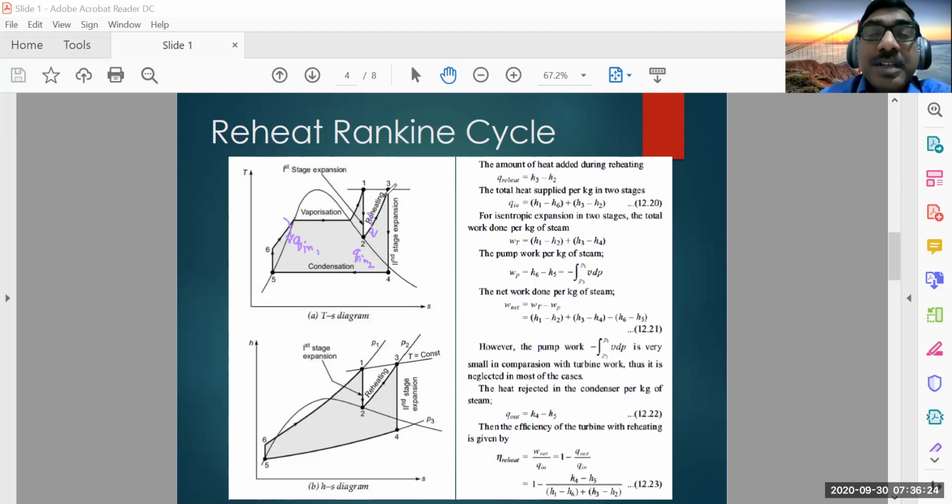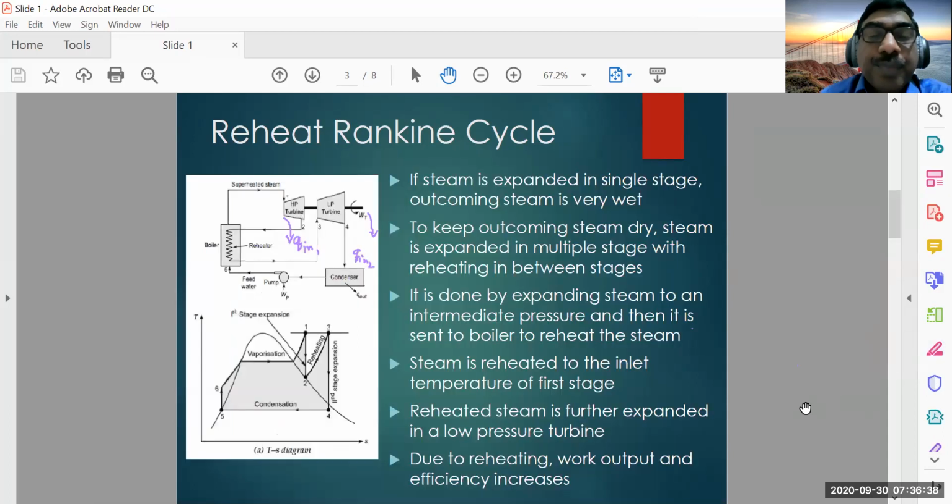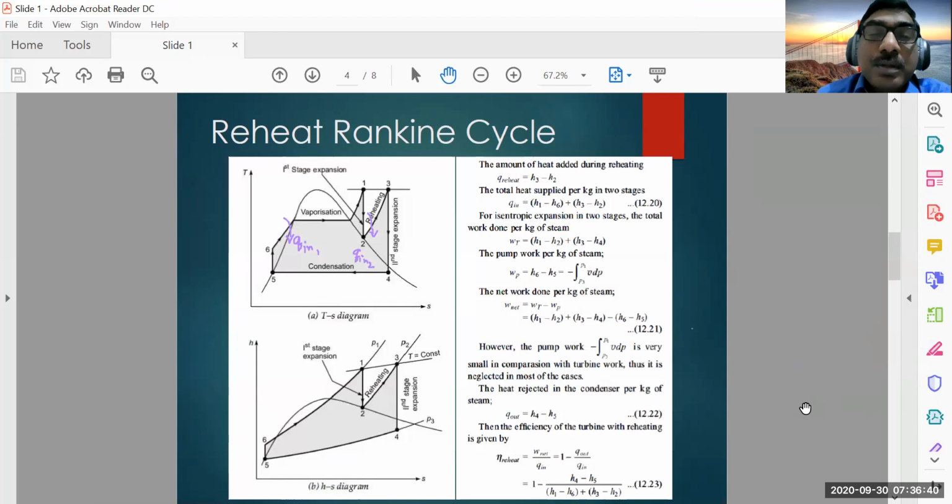This is H3 minus H2. Okay, so the amount of heat is added in the first stage. Let me clear all these things, and then I will write clearly. I will share another one.